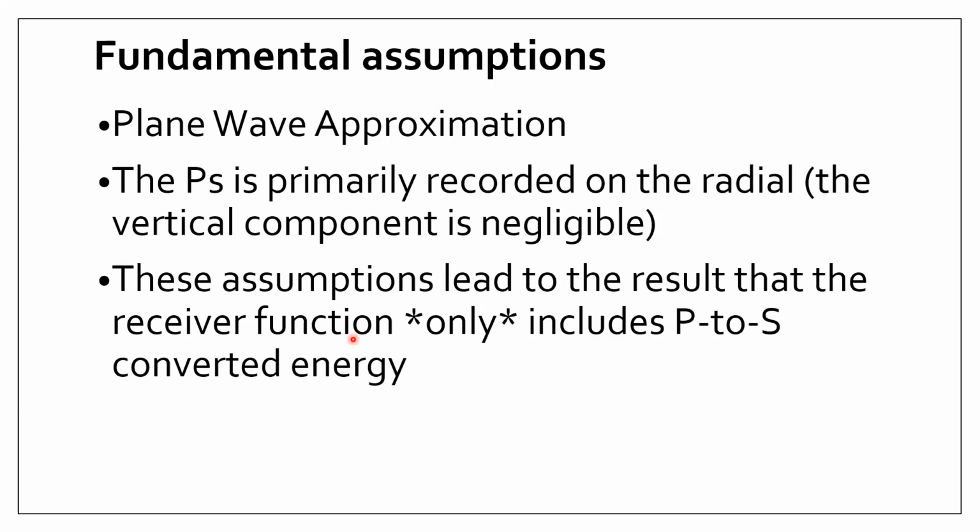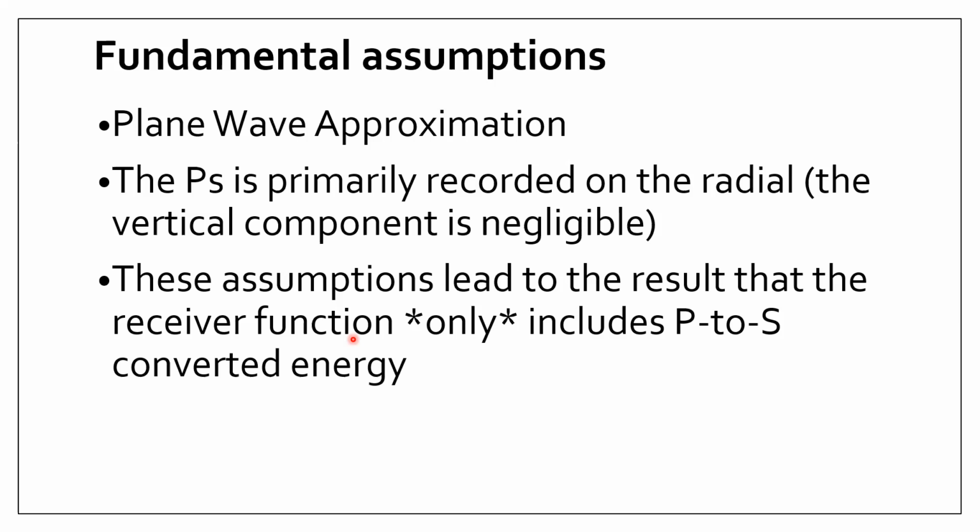Another assumption is that the PS should primarily be recorded on the radial component. That is, the P2S converted phases will be available only on the radial component, and almost negligible energy associated with the P2S converted phases will be available on the vertical component.